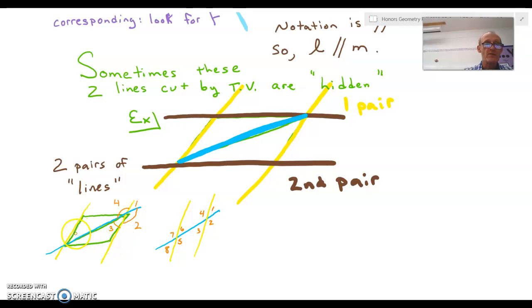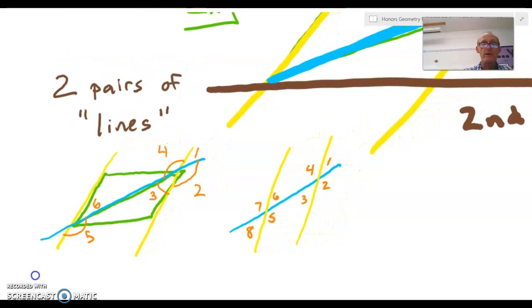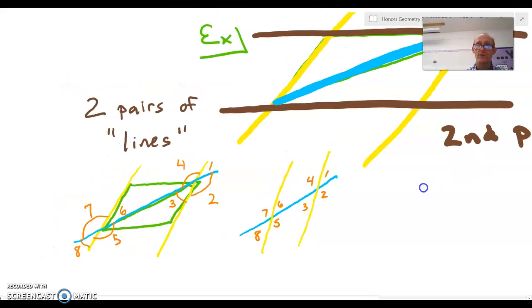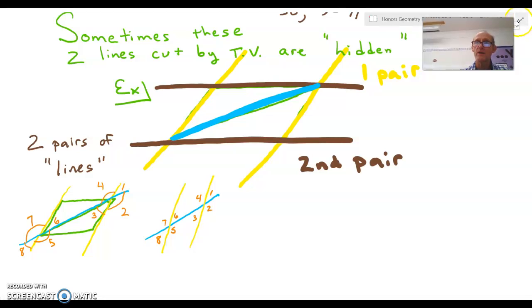Then we have 6 here and 5 here, and then 7 here and 8 here. So that gets a little tricky. You've got to be real careful with all of those.